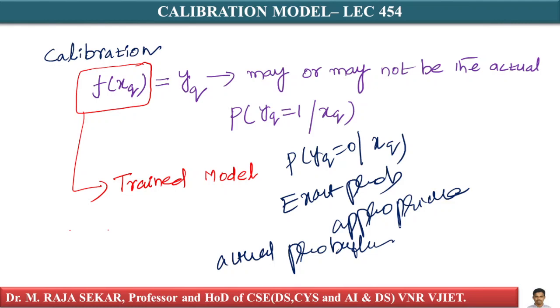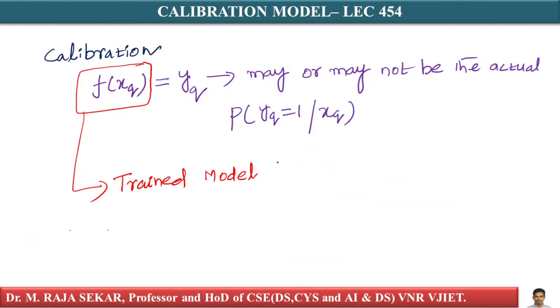You might ask this question, why do we need all of this? Why do we need calibration? Calibration is a stage in machine learning where, given that you have already trained the model, we try to calibrate it such that you get the actual probabilities of class 1 and class 2, isn't it?